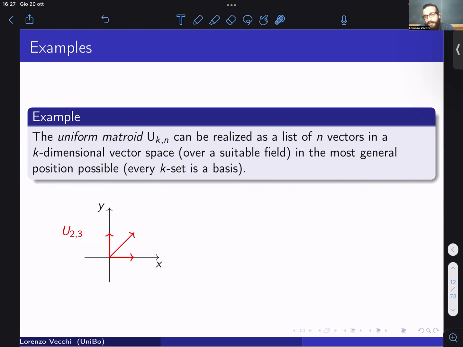That is, in matroidal terms, every K-subset is a basis. So for example, to realize the uniform matroid U_{2,3}, I'm going to take a 2-dimensional vector space, which is a plane. And then I'm going to take 3 vectors in the plane such that every pair is a basis of the vector space. So this red one here is a realization of this uniform matroid.